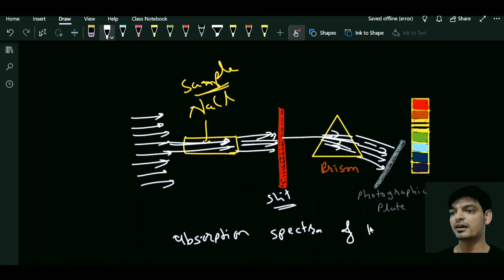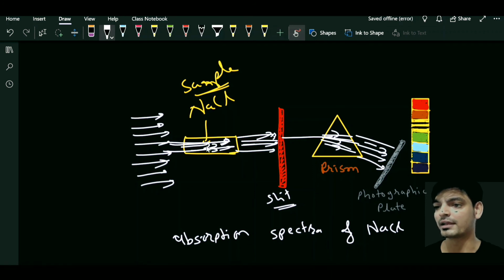You can see here, from the yellow light region, other colors you are getting as we get in the emission spectra, because we have passed white light, and white light gives all the pure colors. But the sample NaCl will absorb a particular wavelength, and that wavelength we are not getting here.